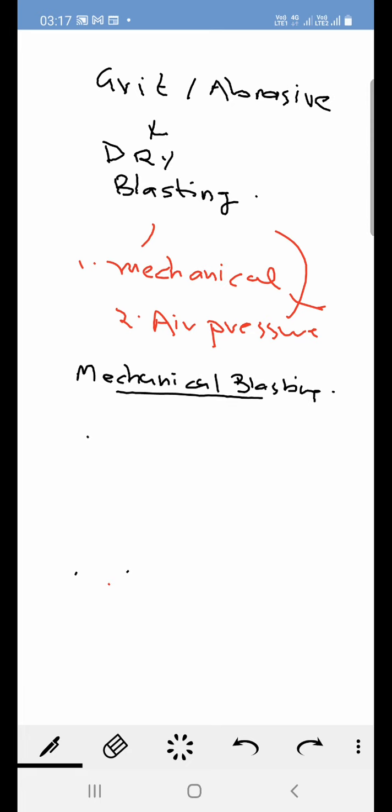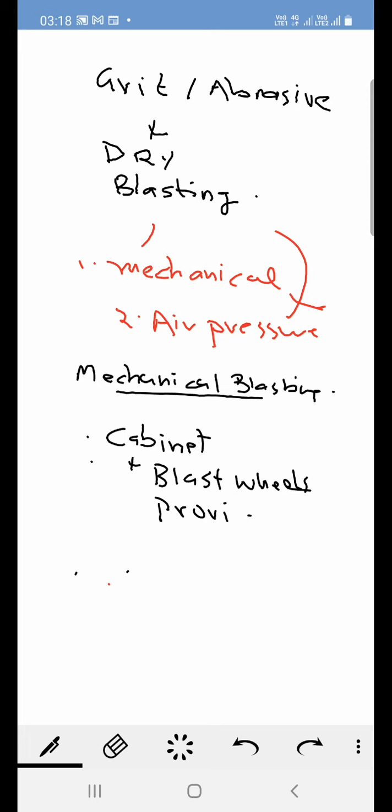There is a cabinet, and this cabinet houses some blast wheels which provide centrifugal force.